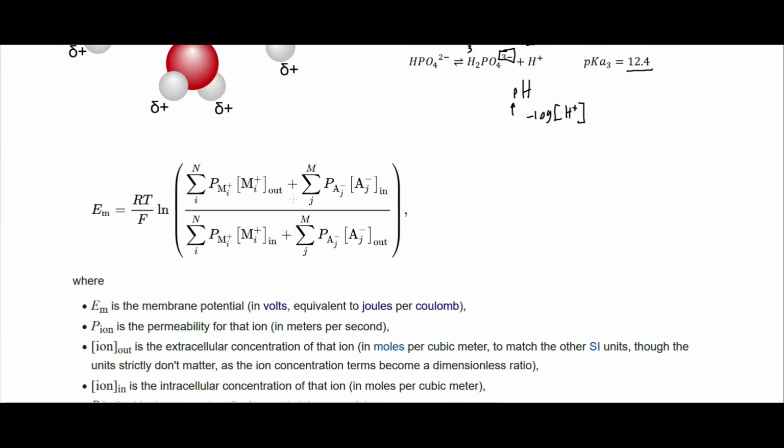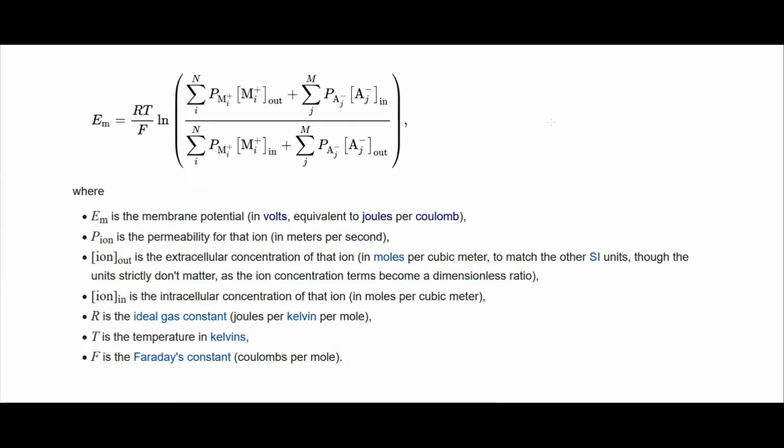So down here, this is just called the Nernst equation.